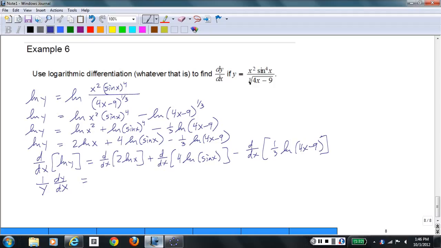Over here, it's all explicit. d/dx of 2 natural log of x is going to be 2 times 1 over x.